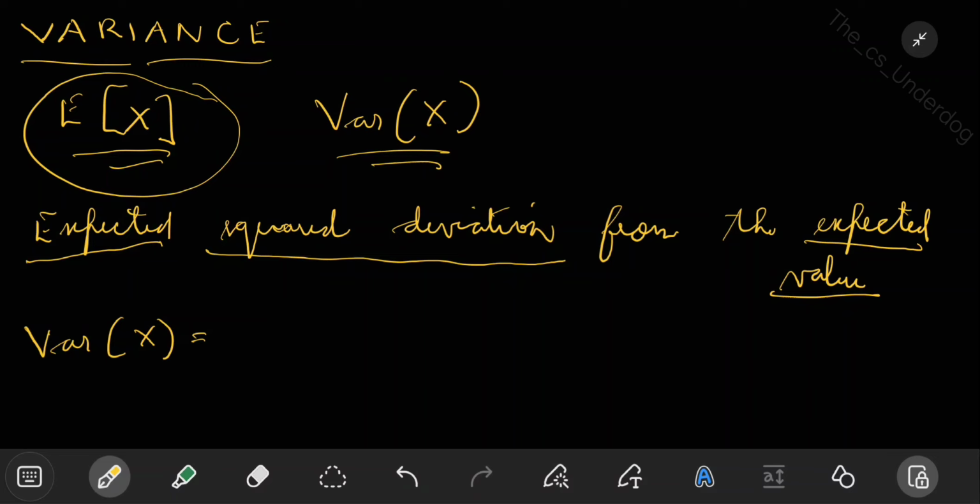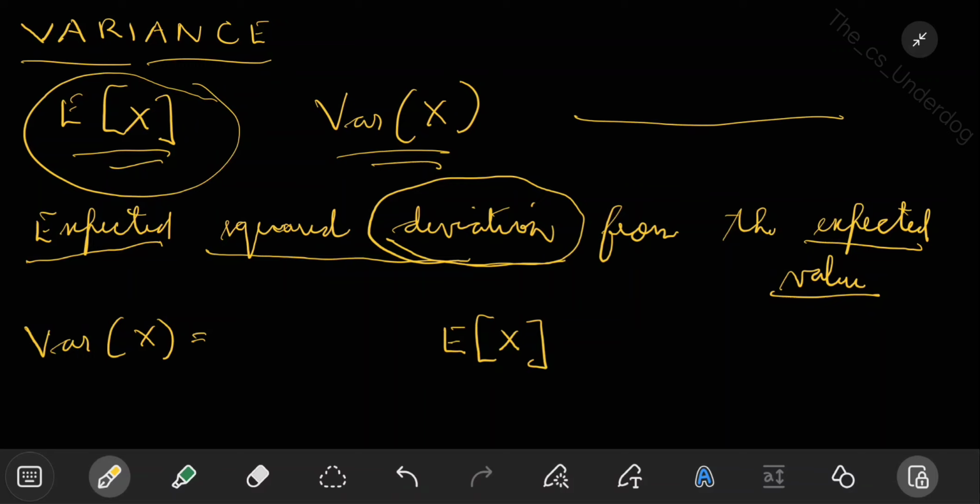So first of all, let us find what is expected value. Expected value is E of x. That's how you write the expected value. What is deviation? You have some expected value, we said 1, 2, 3, 4, 5, and our expected value was 4.63, somewhere over here. So if you take any particular point, let's say there is one rating which was given 3.